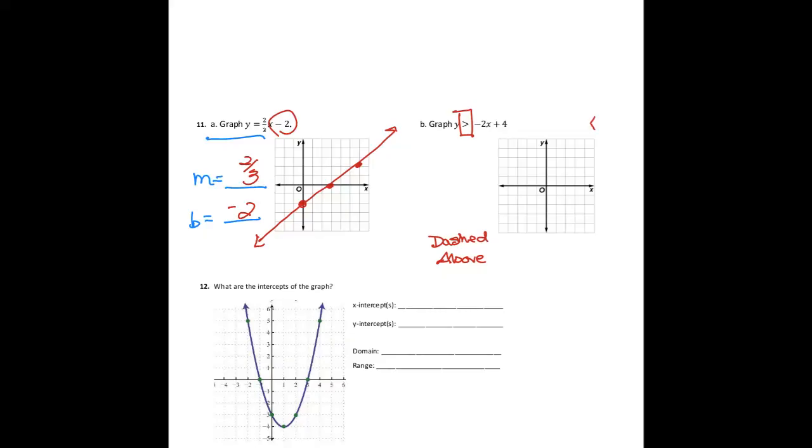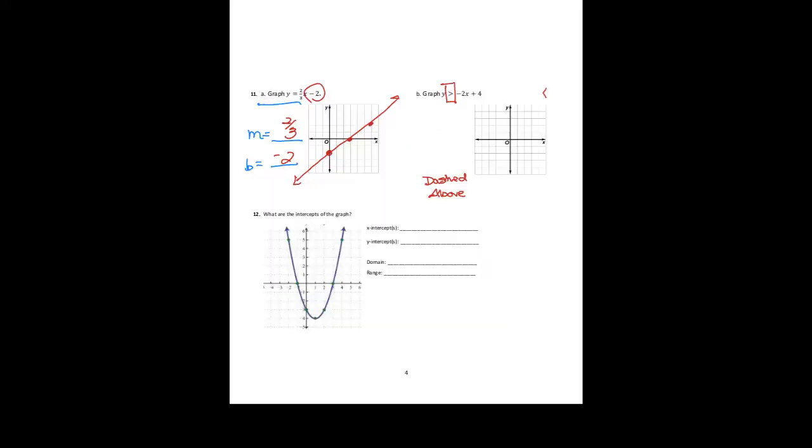I will have the answers for you sometime after school on Canvas. Also, before I forget, you have a new weekly Canvas activity that you can start. If you didn't get the one for last week, make sure you get that done. Also, tomorrow is the last day, if you're going to be here taking the test, that you can turn in any homework or bell work that you haven't turned in for this current chapter. So everybody hear me.